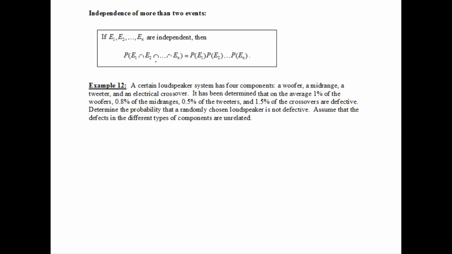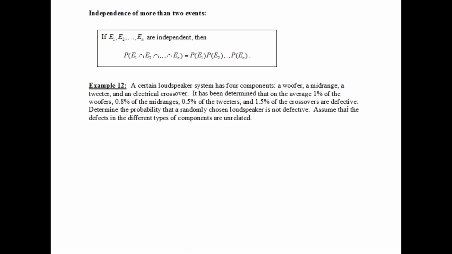So here, let's suppose we have a loudspeaker system with 4 components: woofer, mid-range, tweeter, crossover. And we know the percentage of each of those components that is defective.